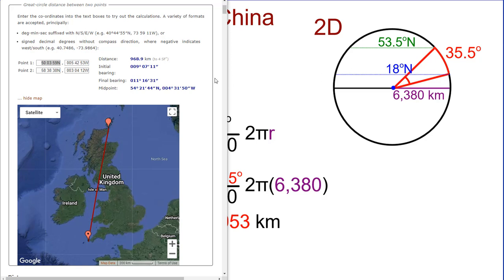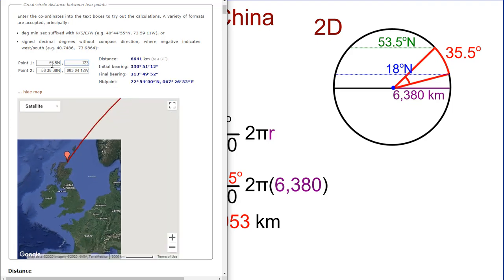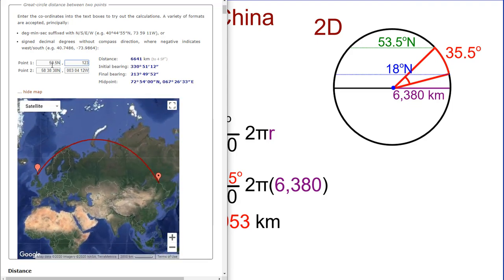The furthest point north in China is going to be 53.5 degrees north. That's just going to be positive, but if I want, I could put in N for north. And then the longitude for that would be 123, which again is just positive. So you can watch it graph it out and update it, which is pretty cool.